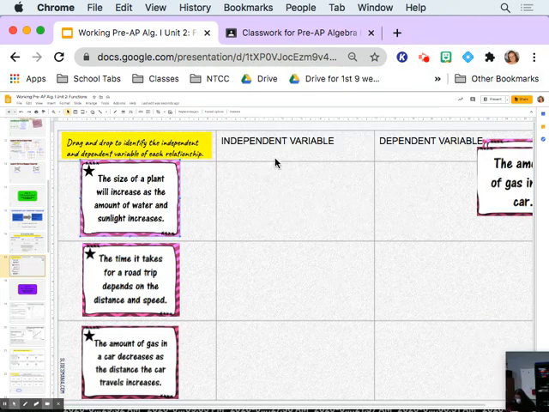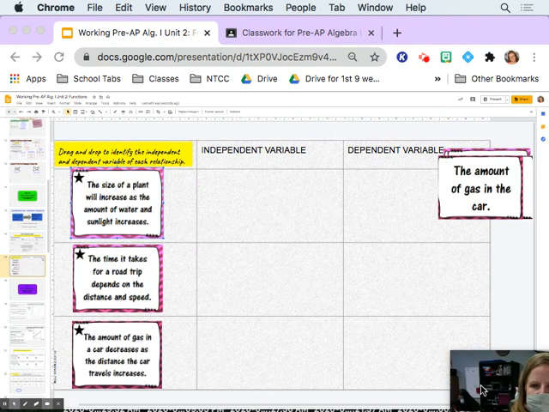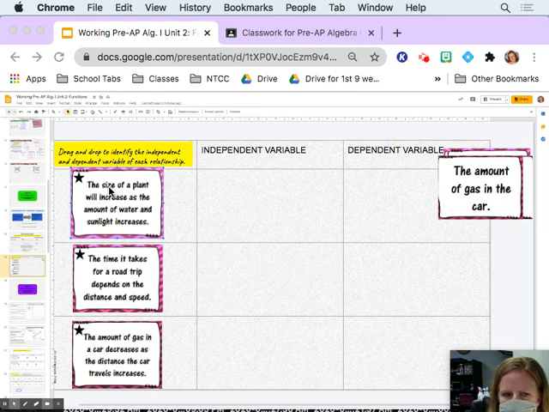Okay, so you should be about finished with it. I'm gonna put down a little bit so I can see these a little better. The size of a plant will increase as the amount of water and sunlight increases. So basically you're looking for what can you control? Can you control the size of the plant or the amount of water and sunlight that is given?